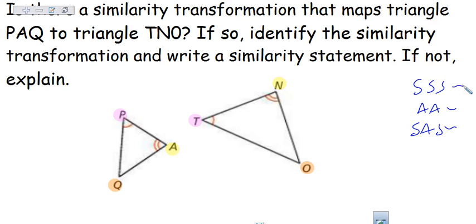On this one, I think we have pink to pink, yellow to yellow, so this would be by AA. So I'm going to say yes. Then triangle PAQ, pink, yellow, orange, is similar to TNO. So that's our similarity statement.